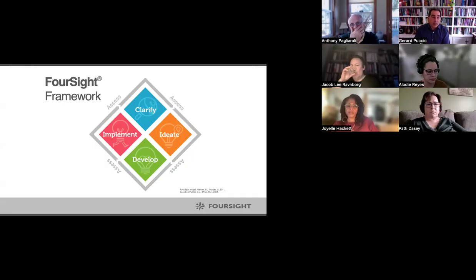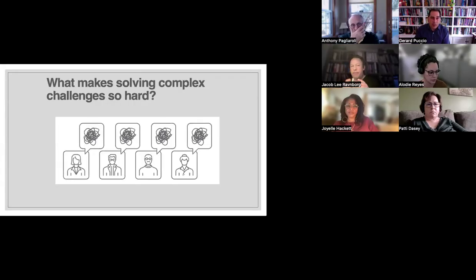So the second piece that makes solving complex problems challenging, besides the fact that there are a number of skills involved, is that people have different preferences for these kinds of thinking.